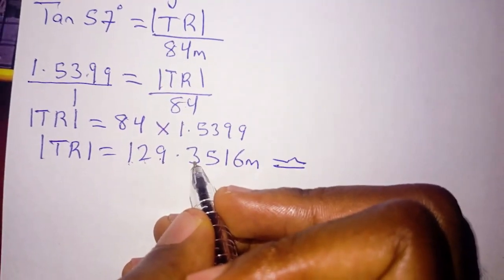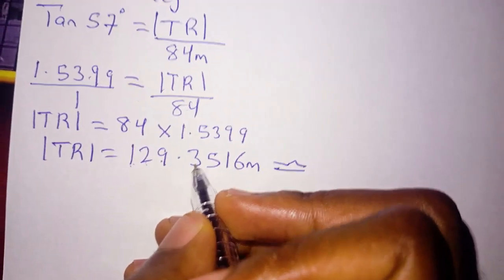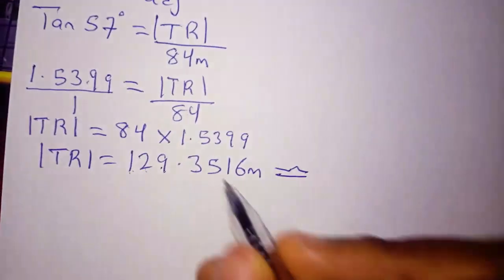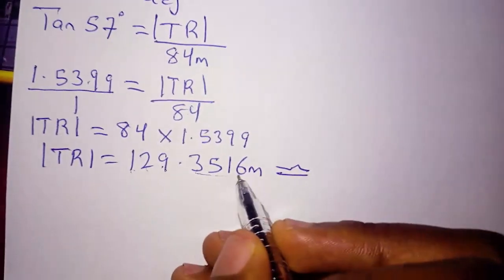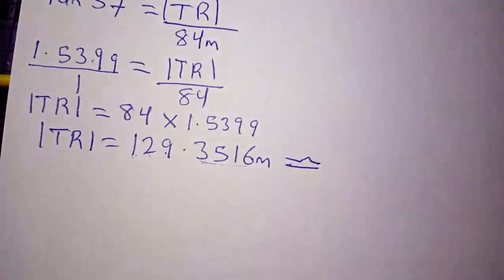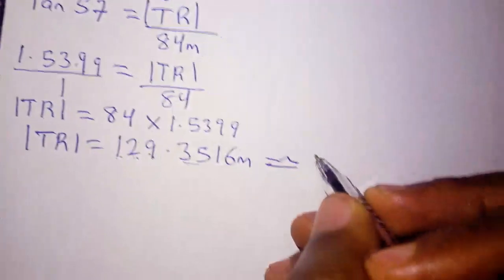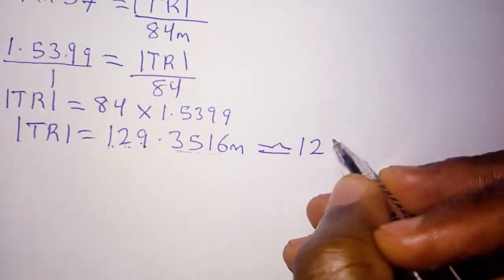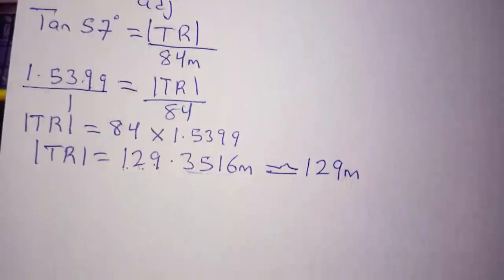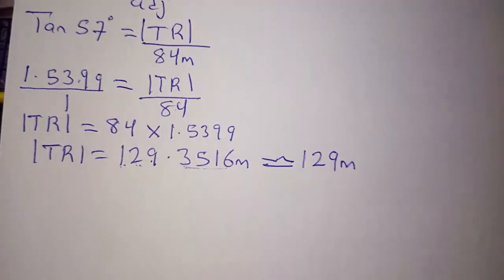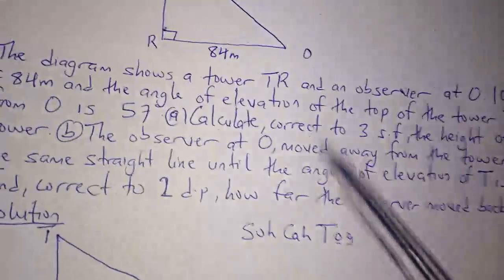Is it up to 5? If it is up to 5, you round it up to 1 and add it to this 9. But since what follows 9 is not up to 5, we round everything off. All these ones become 0. So to 3 significant figures, this is going to be 129 meters. That is our answer to 3 significant figures, and with that we've solved the first question.